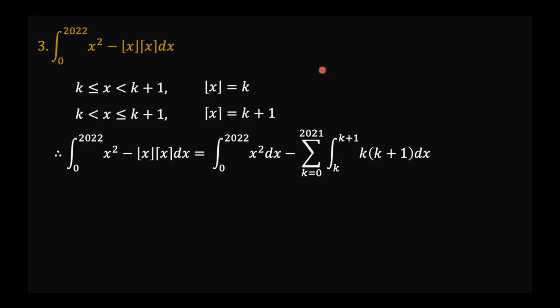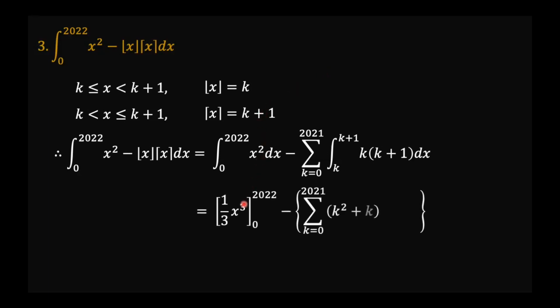And then we'll move from k equals 0, in other words the 0th strip, all the way to 2021, because the floor function will end at a value lower than 2022 by a unit interval. So the first integral here is simply x to the power 3 over 3, with the limits taken into consideration.